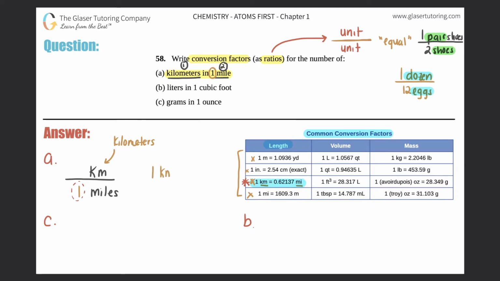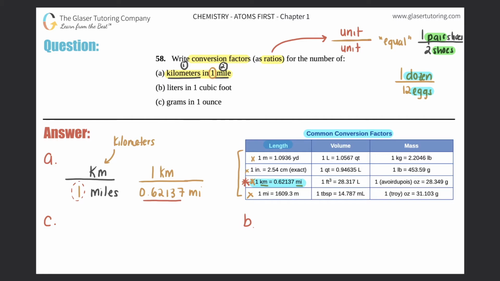1 kilometer is equal to over 0.62137 miles. Okay, now here's a trick. If you don't want a decimal in the denominator, which is what's going on here, all you got to do is actually do the math, and you will get the number back in the numerator.